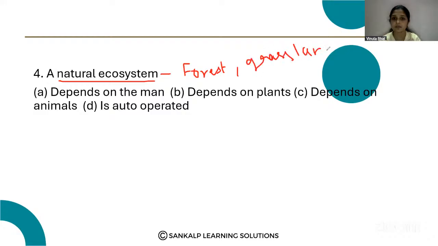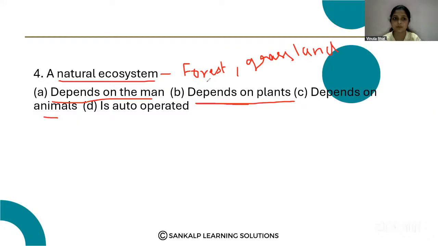So these all are natural ecosystems. Does it depend on man? No, the functions are not dependent on man. Depends on the plants? Not only on the plants. Depends on the animals? No. So that is auto operated.